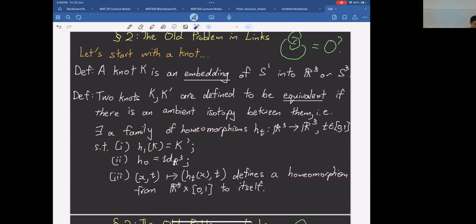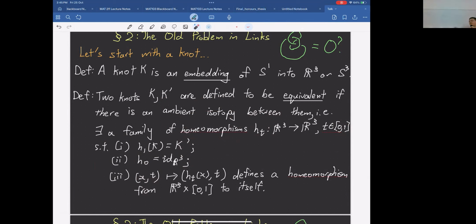This family of homeomorphisms goes over time from 0 to 1. At time 0, you really did nothing to the space. Throughout the time, you do some continuous transformation on this knot, until in the last second of time, you reach the other knot, K prime, let's say.